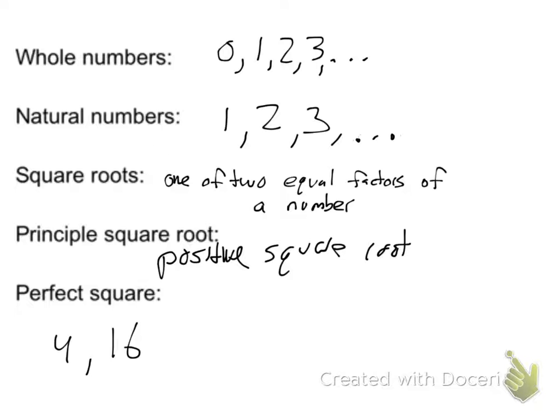Well, you can't really use the definition there. They're perfect squares because the square roots are rational. It's kind of weird how they say that. So they have rational square roots.